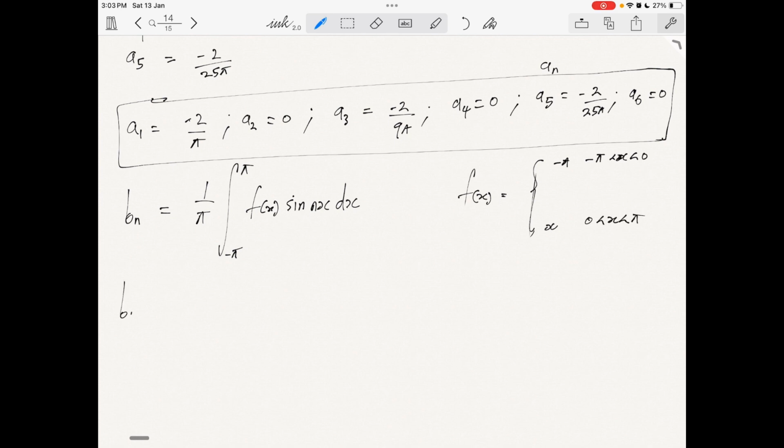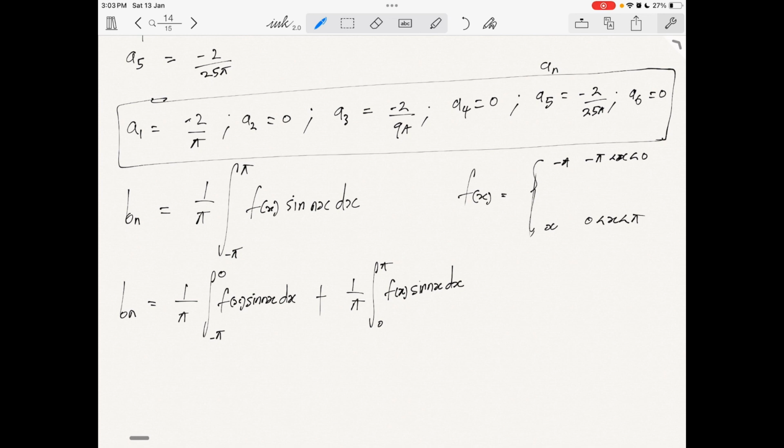So bn can then be further split into 1 over π integral from -π to 0 of f(x) sin(nx) dx plus 1 over π integral from 0 to π of f(x) sin(nx) dx.